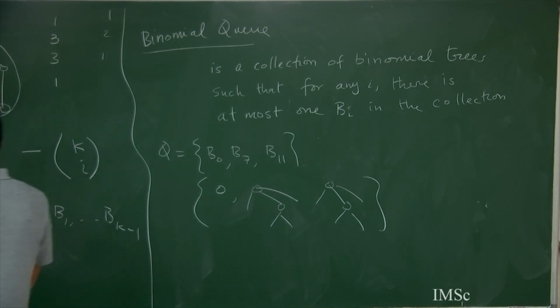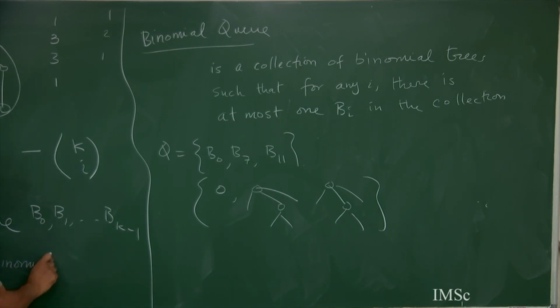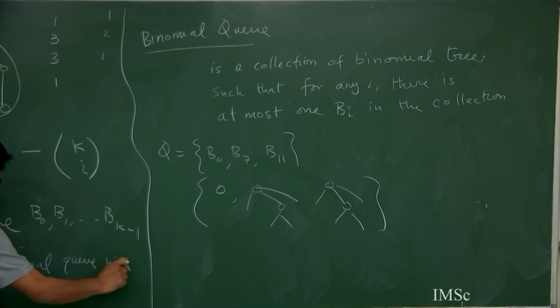Here is an interesting next property. For any n, there is a unique binomial queue with a total of n nodes.